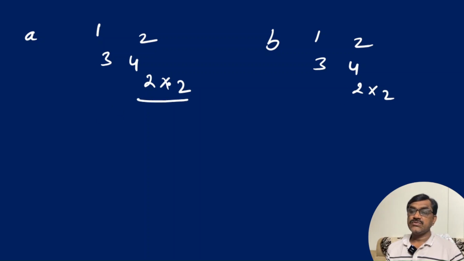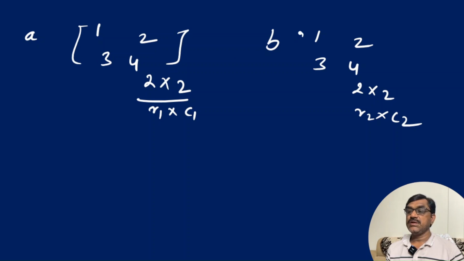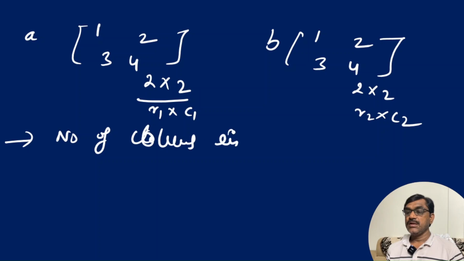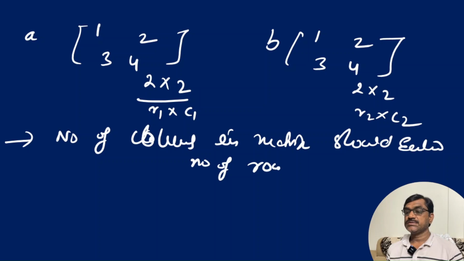Instead of saying 2 by 2, assume that the order of A is R1, C1, and here it is R2, C2. When we want to multiply two matrices A and B, the important condition is: please remember this, the number of columns in the matrix A should equal the number of rows in the second matrix.